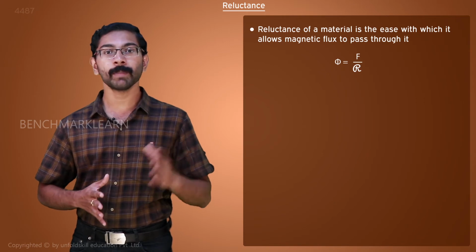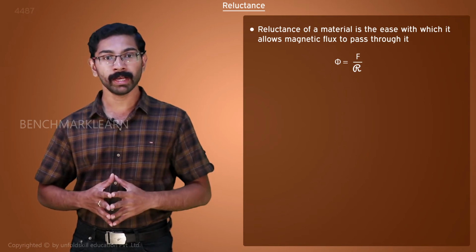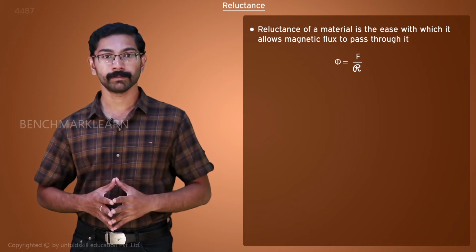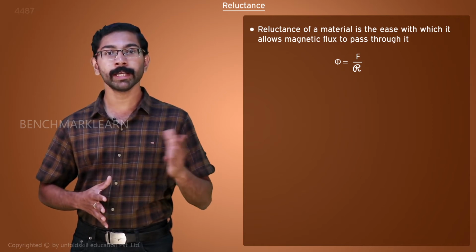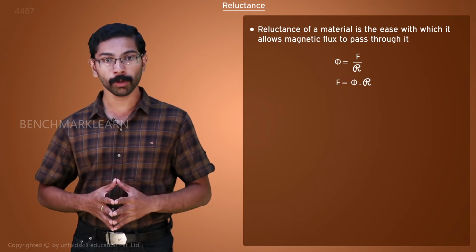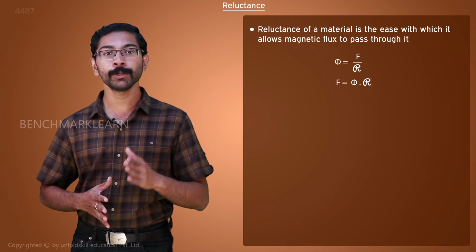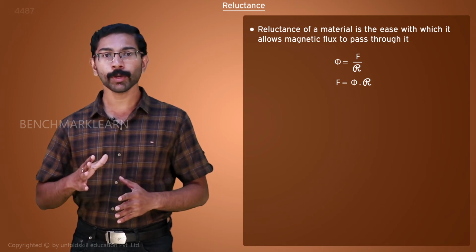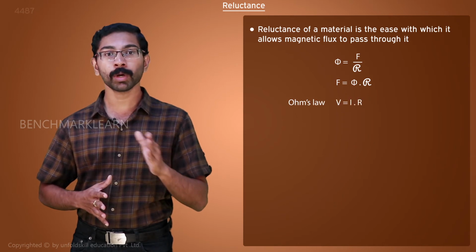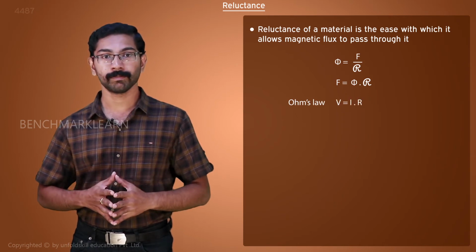Reluctance is represented by the cursive letter R, while resistance is represented by the normal letter R. We can rearrange the equation as F is equal to phi into R, or MMF is equal to flux into reluctance. This equation is similar to Ohm's law, that is EMF is equal to current into resistance.